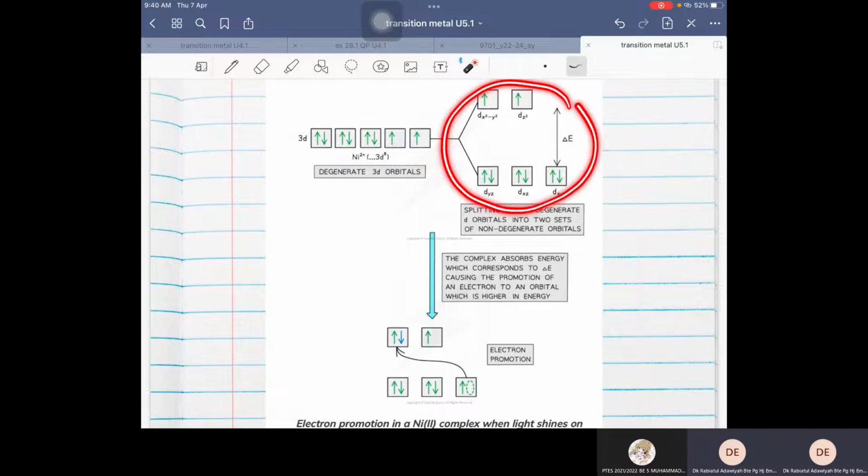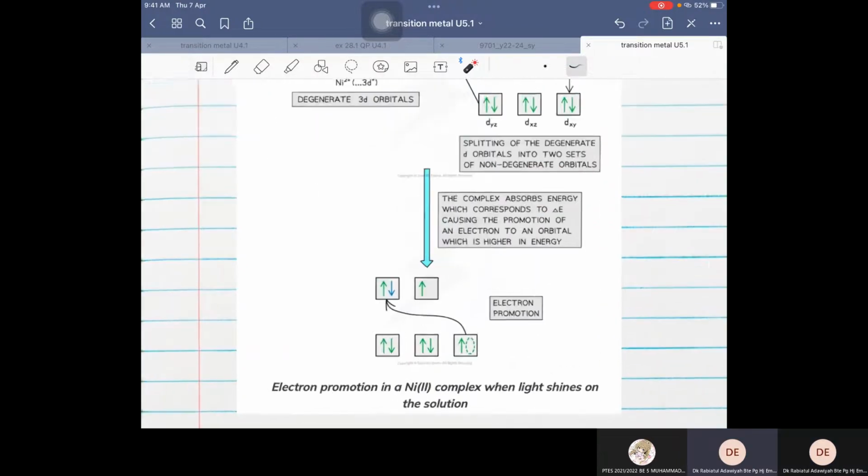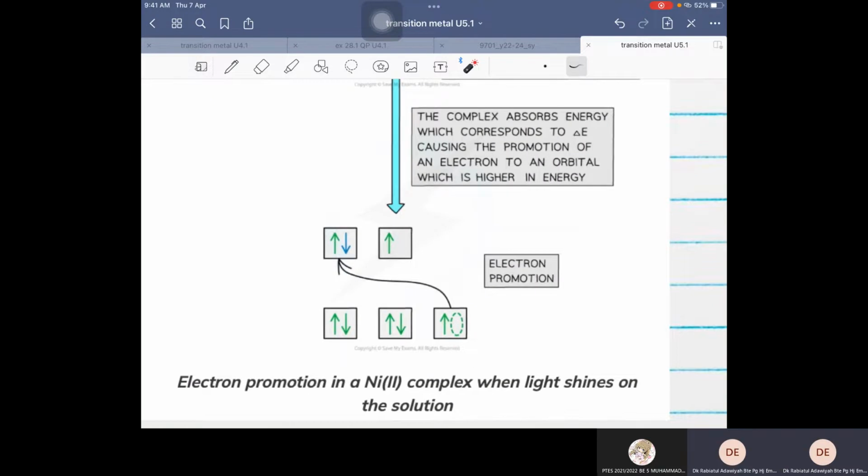When ligands come in, the d orbitals are now non-degenerate, or we say they are being split. The complex, the electrons specifically, any one of the electrons that sits in the lower energy d orbitals will absorb a frequency or a wavelength of light that matches the gap between these 2 energy levels. Okay, it has to be the exact frequency, the exact wavelength.